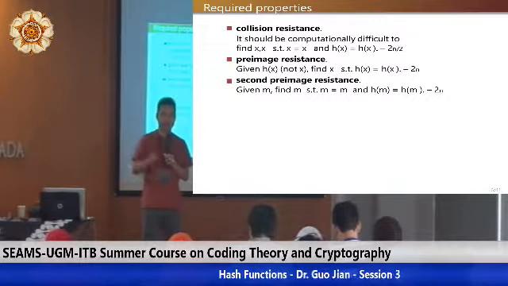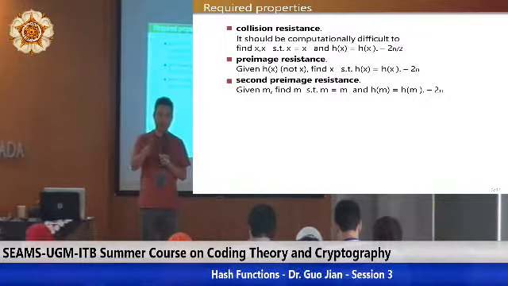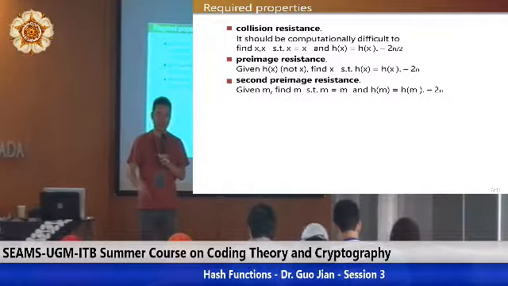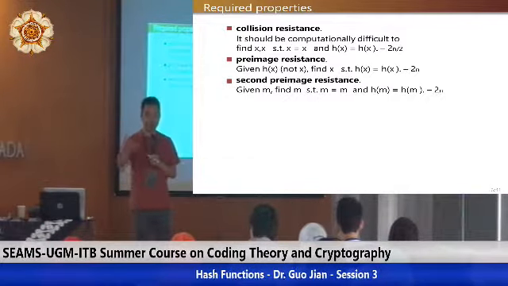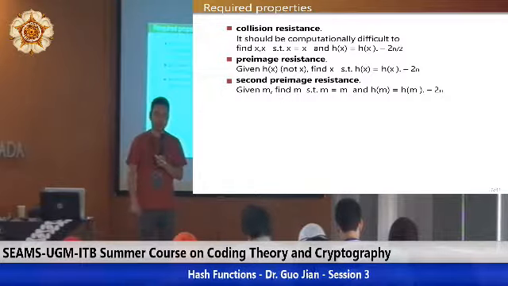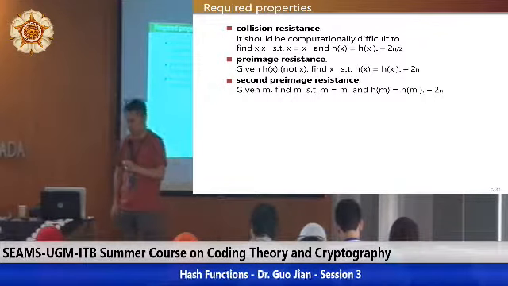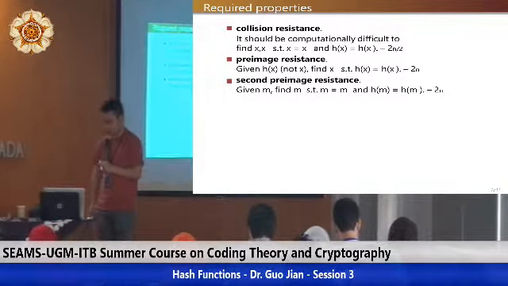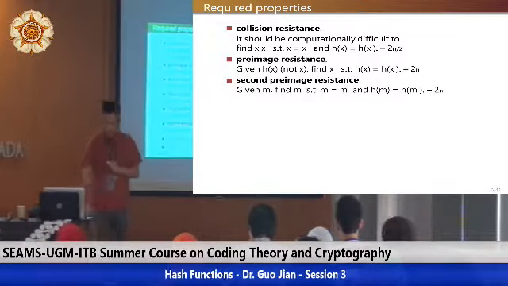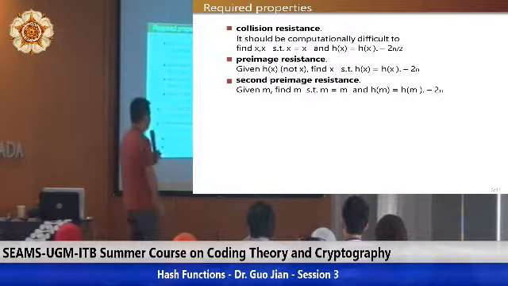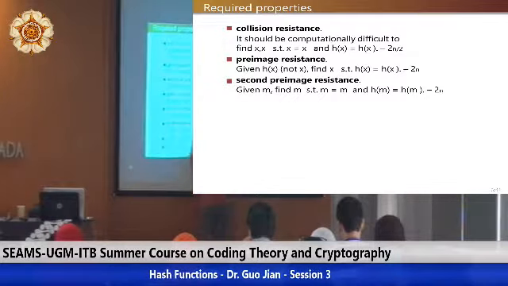Because every time you pick a random message, the output is random, and the chance for you to hit the given one is 2 to the negative n. So you expect to repeat 2 to the n times. For second preimage, actually you expect a little bit less.